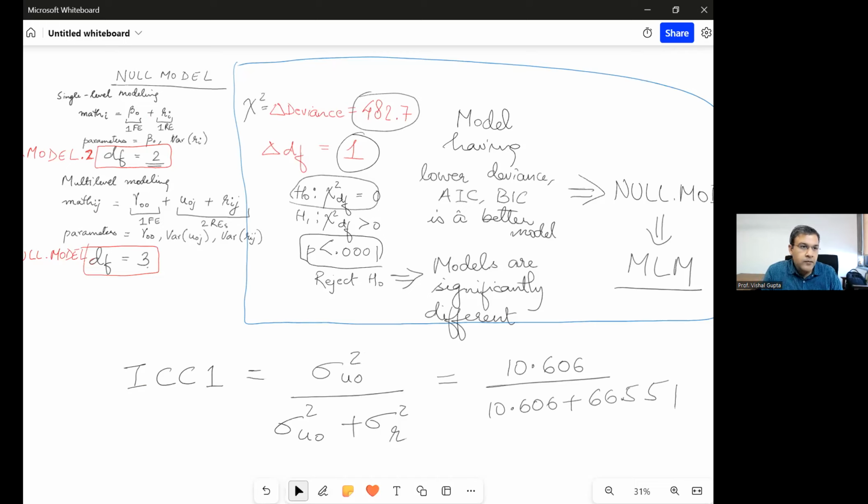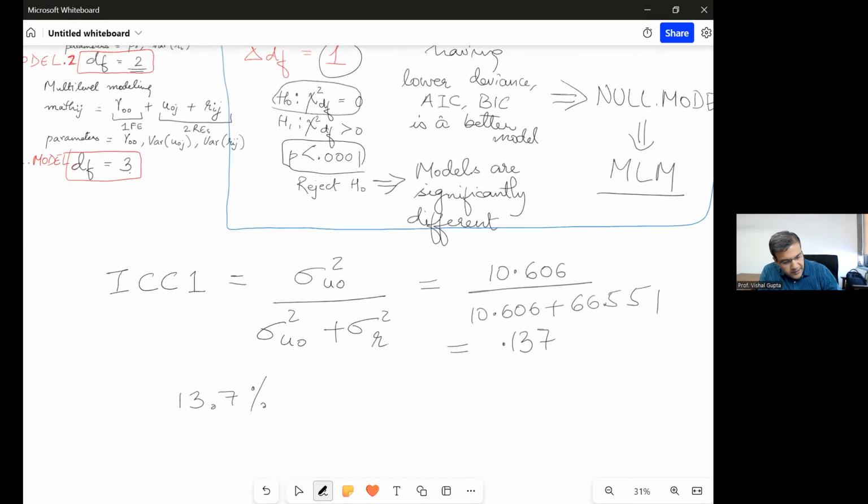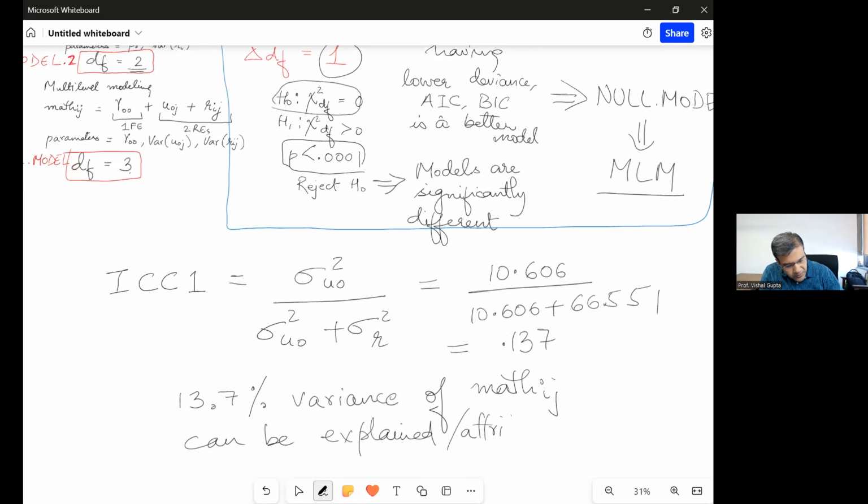That is what we are getting, and this is around 0.137, which means 13.7% variance of math ij can be explained, or attributed, to level 2, which is schools. That is what we are concluding from this analysis.